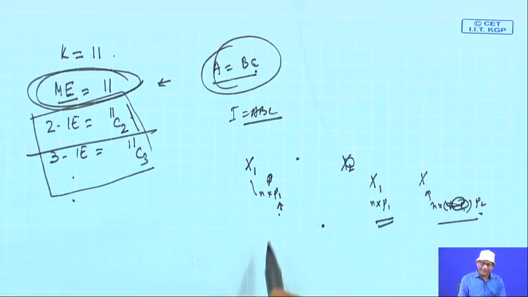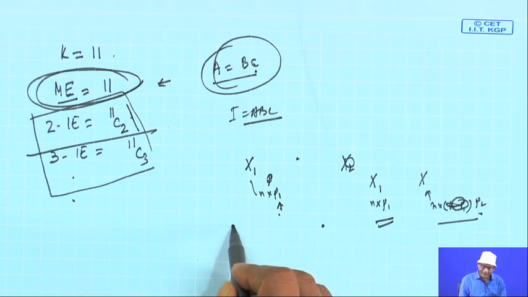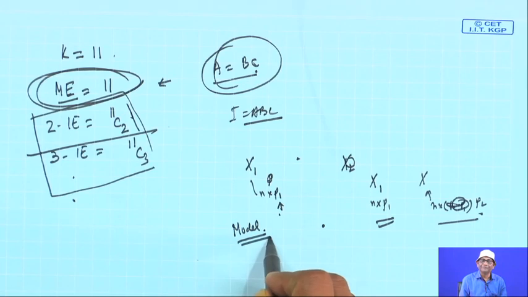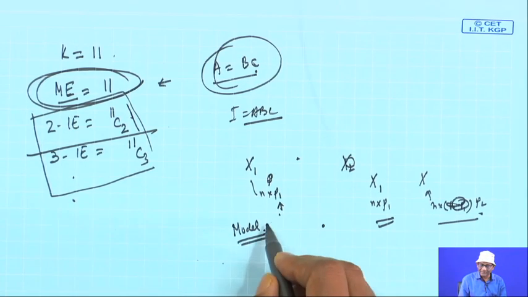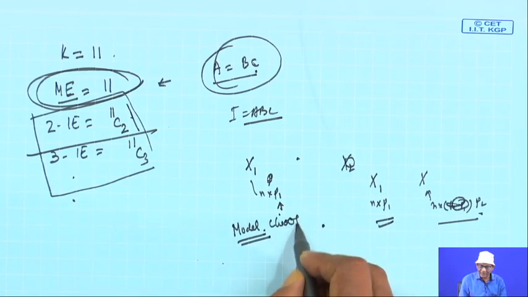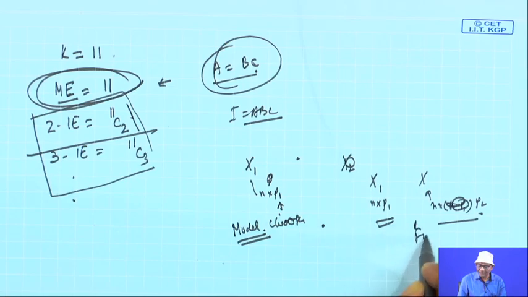That means there is a model which is basically chosen and run, and there will be another model which may be a full model or the correct model.